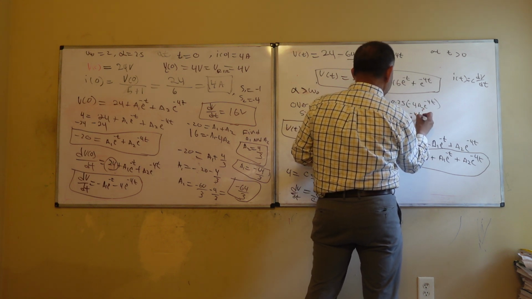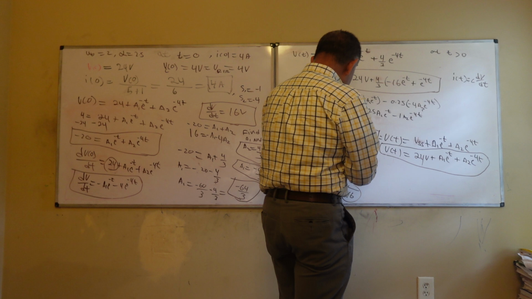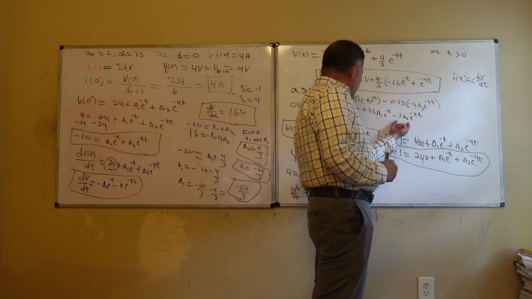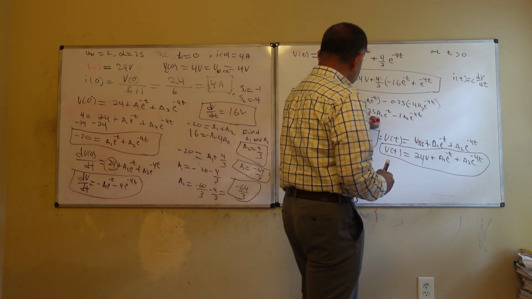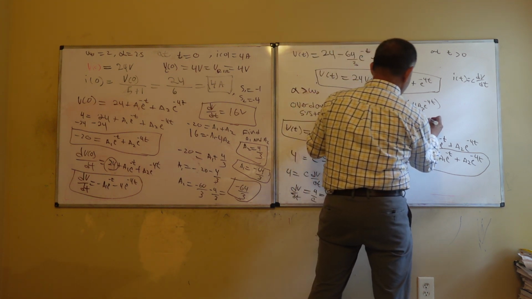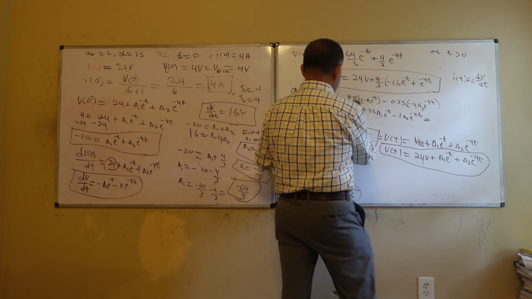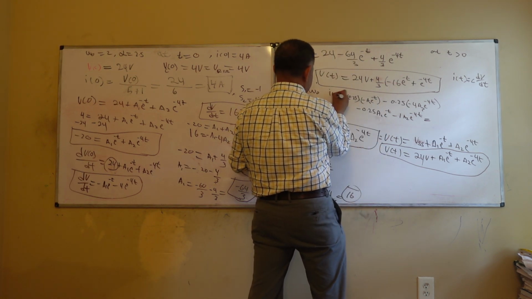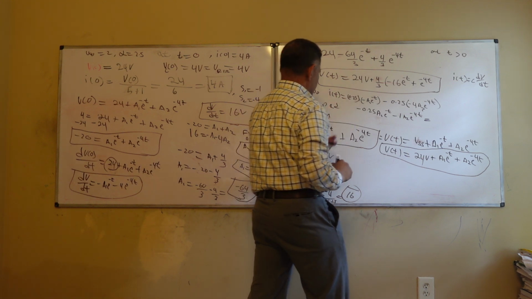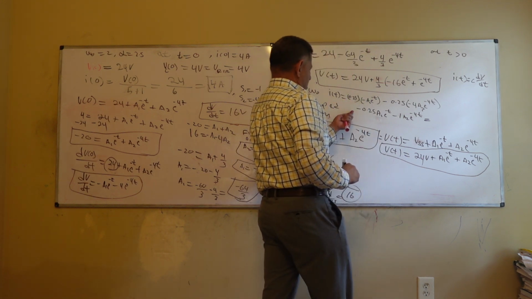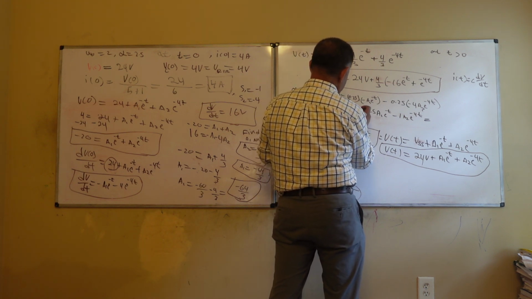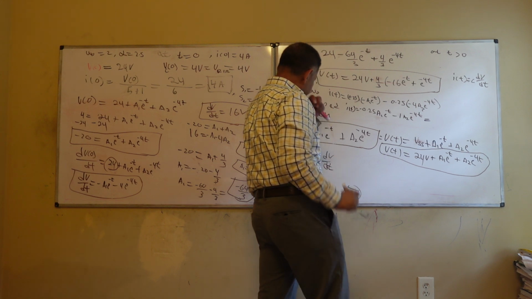Okay, so now what we can do is the following. So just replace the value of A1 and A2, right? And then right here, this is the current, but remember this is the current. So we're trying to find I of t now, right? So now I of t is equal to that.